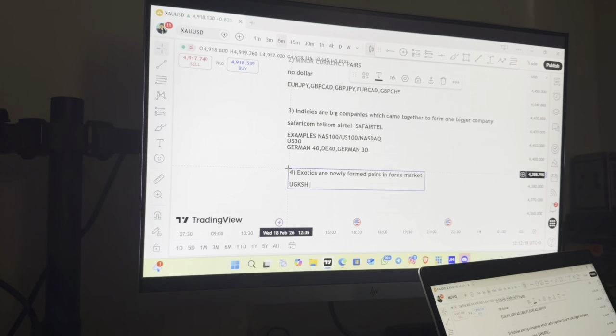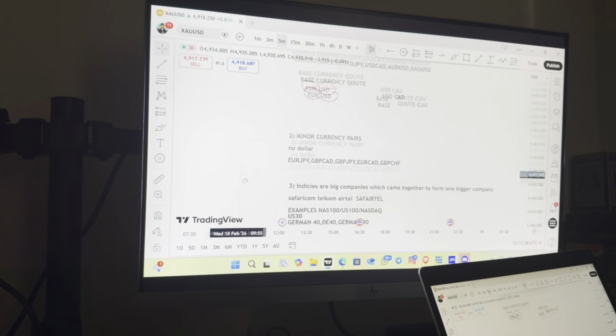These are just emerging, new pairs in the Forex market. Another one is Tanzanian shilling versus Kenyan shilling. Same thing, they are newly emerged. Nowadays people don't trade exotic pairs. People only focus on major, minor, and indices.